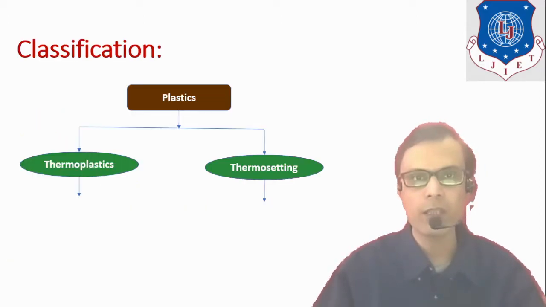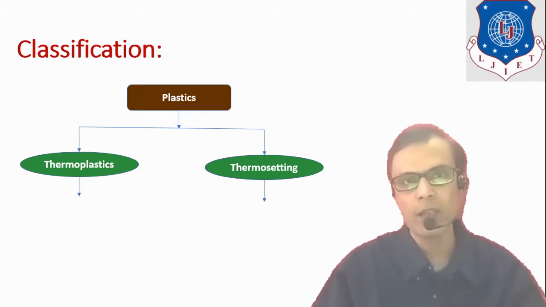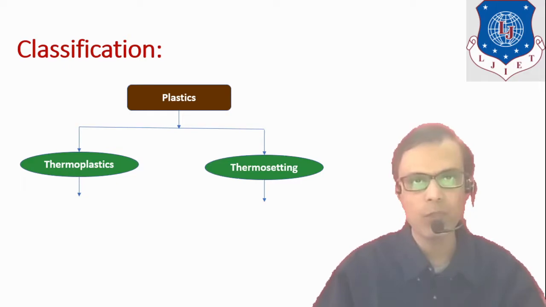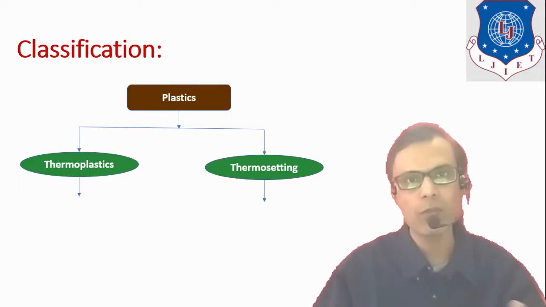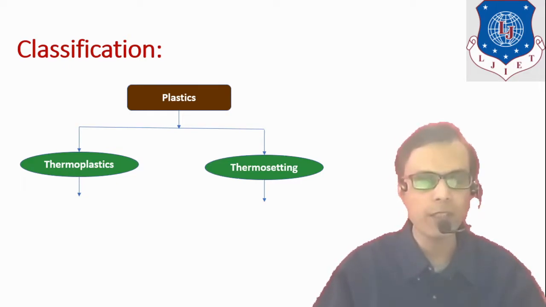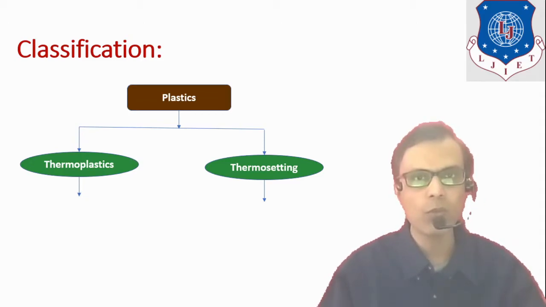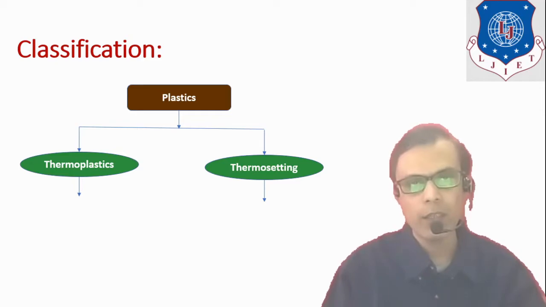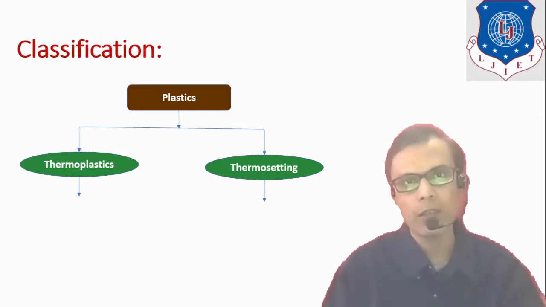Nowadays, we know that plastic is widely used. Both industrial products as well as products for household purposes are made from plastic because plastic has some very good desirable properties. It is corrosion resistant, it is light in weight as compared to metal, and it is less costly.